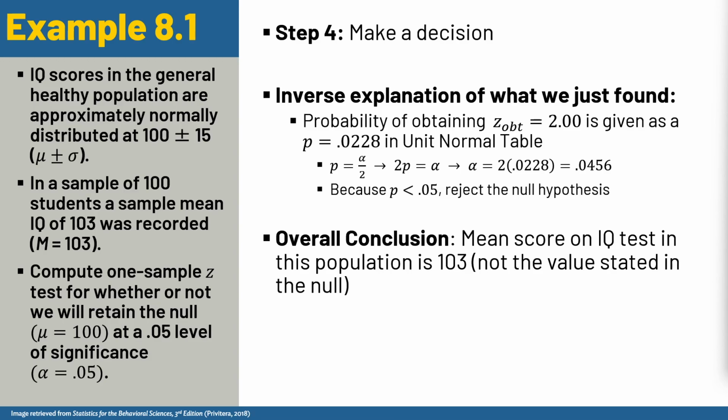And so the overall conclusion here is that the mean score on IQ tests in this population is 103, not the value stated in the null. In other words, we're essentially stating that the population mean must be wrong, or that this population is fundamentally different in some way.